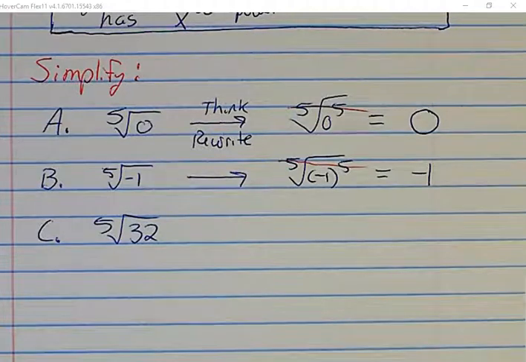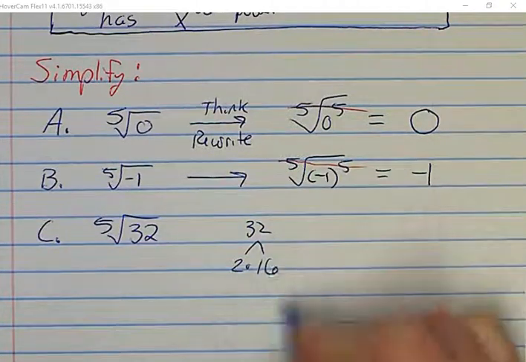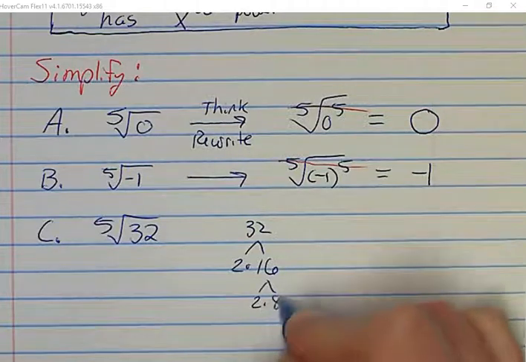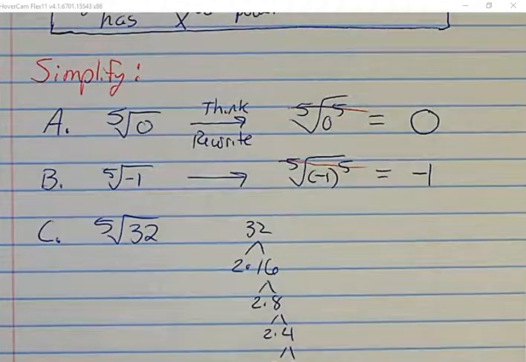Here's where we go back to those directions and take the 32 and break it down. 2 times 16, which is 2 times 8, which is 2 times 4, which is 2 times 2.